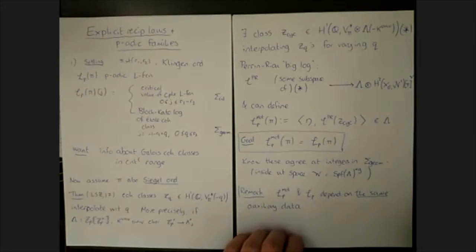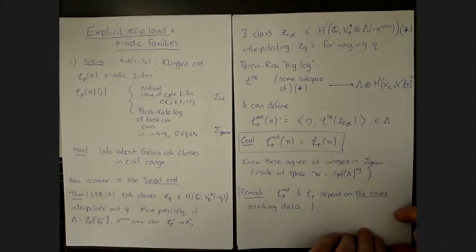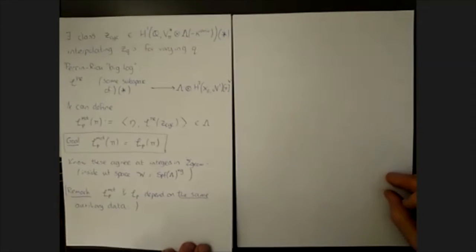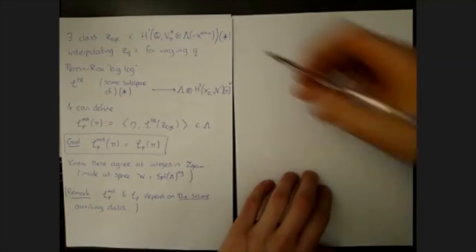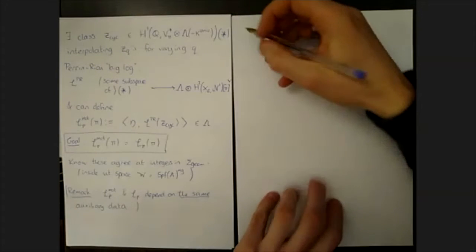So in fact, a better way of thinking of these is as linear functionals on some space of test data, and then we're proving the equality of linear functionals. So obviously we're going to choose the same data for both of them, but it's just comforting that this is a well-defined statement. So that's just the setup, and that's what we're trying to prove, this explicit reciprocity law.